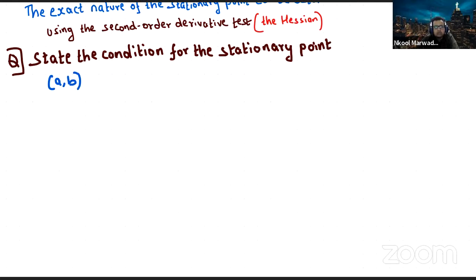So (a, b) is the stationary point of a function f(x, y). I have any function f(x, y), and (a, b) is the stationary point. I have to state the condition for which the stationary point becomes the maximum.